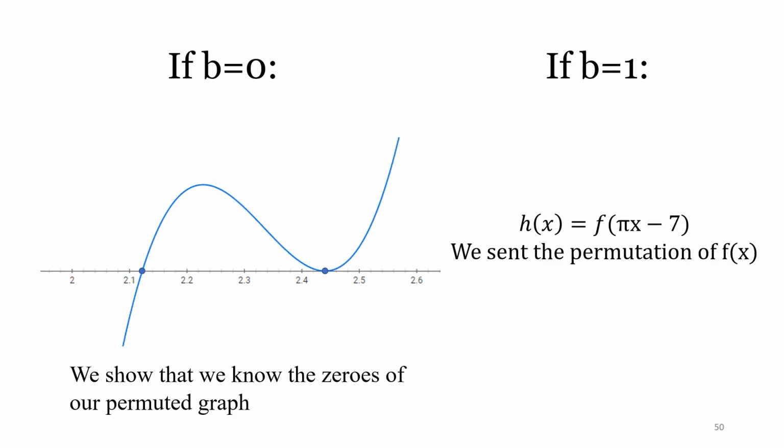Just like in the Hamiltonian, Bob sends us the challenge bit, and if he sent us a 0, just like before, we show that we know the zeros on our permuted graph, but by telling him he does not learn the zeros on the original, of course. And if he sends us b equals 1, then we explain to him what we did to the old graph to get the new permuted one.